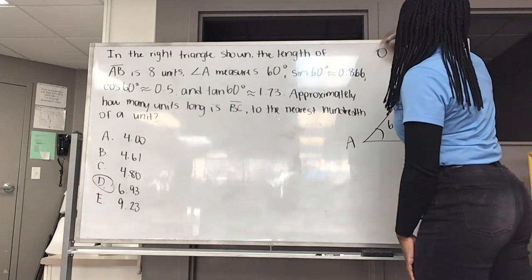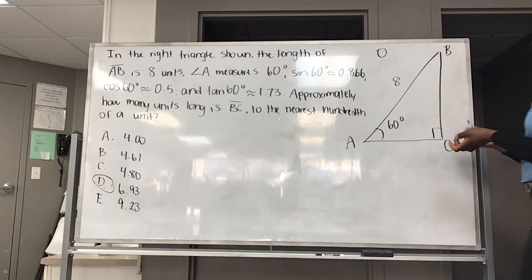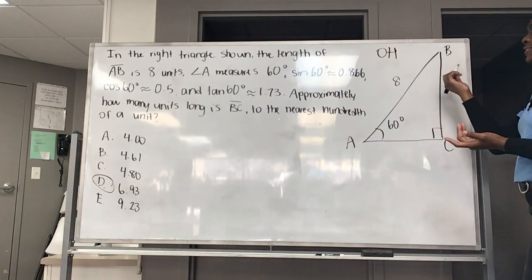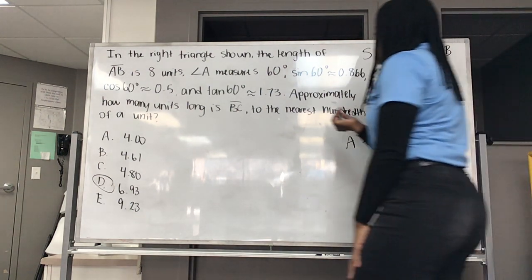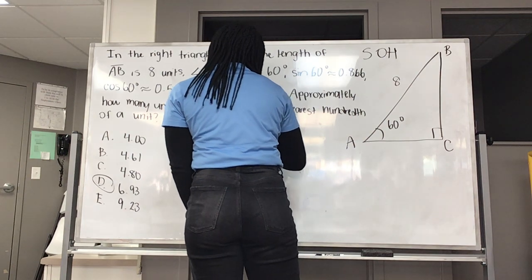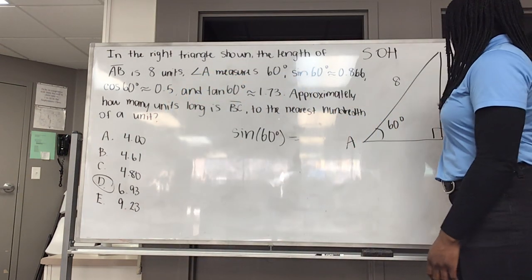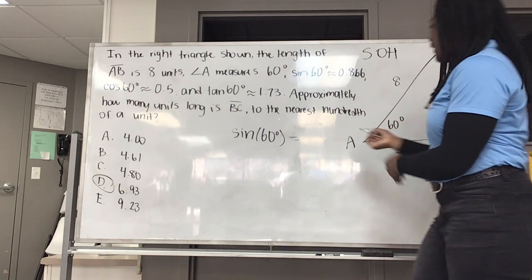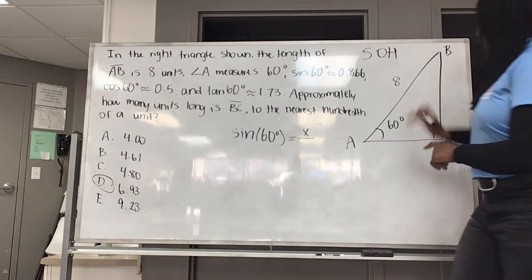So that's an O. And the other side length that we do know is 8, which is the hypotenuse. So O and H, okay, so we're going to use sine. If I set up my equation, it would be sine of 60, because that's the angle we were talking about, is equal to my opposite, which I'll call x, over hypotenuse, which is 8.